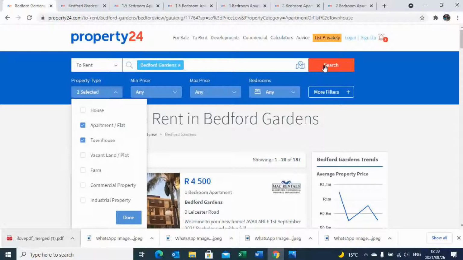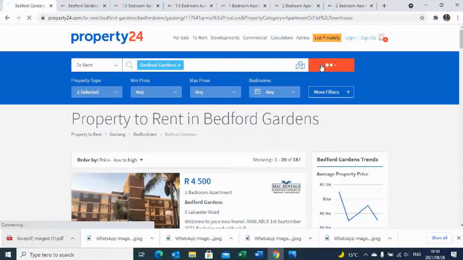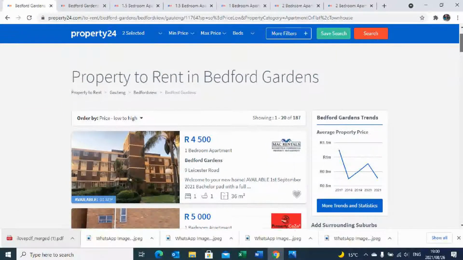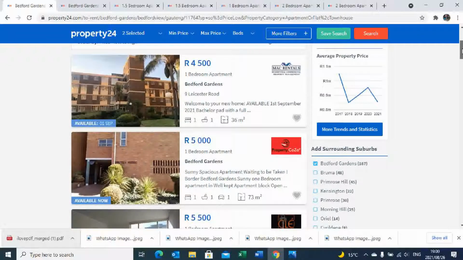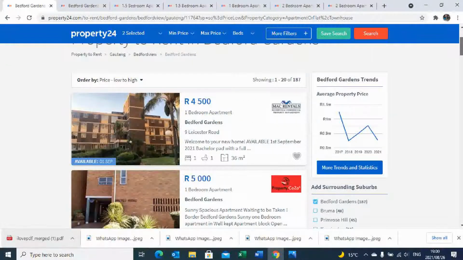Then you do the search, it shows you 100. Let's do that search again. It tells you 187 units, up for rental according to Property24. That means Bedford Gardens is very, very busy, and you have a lot of units up for rental.